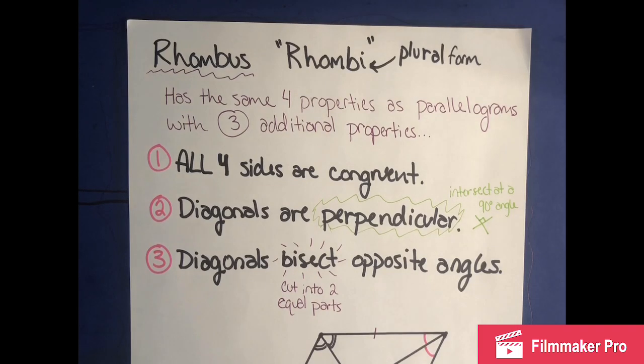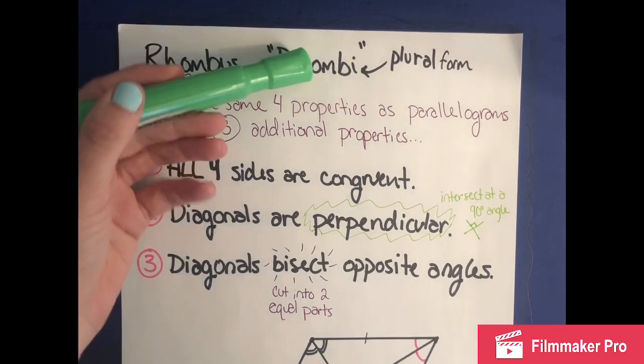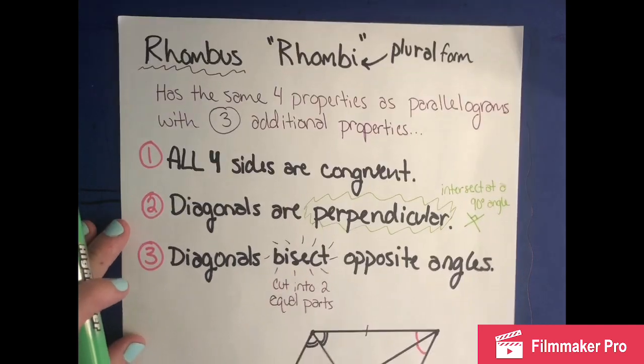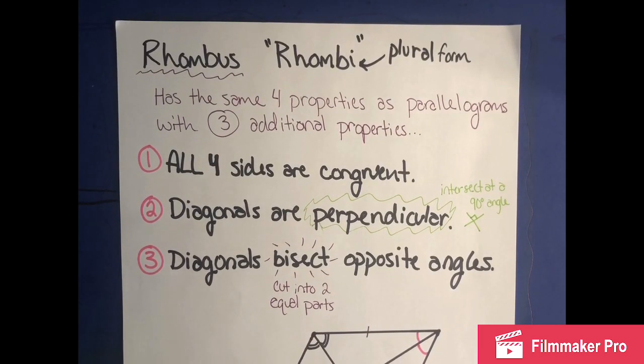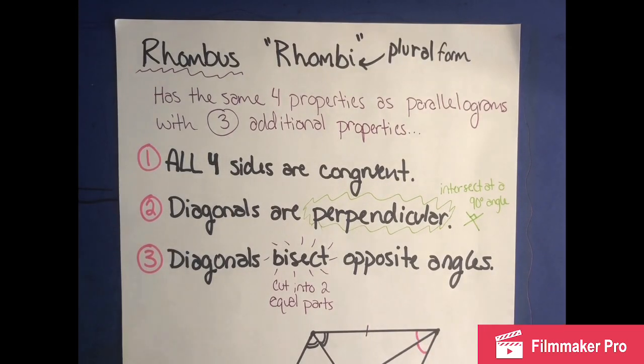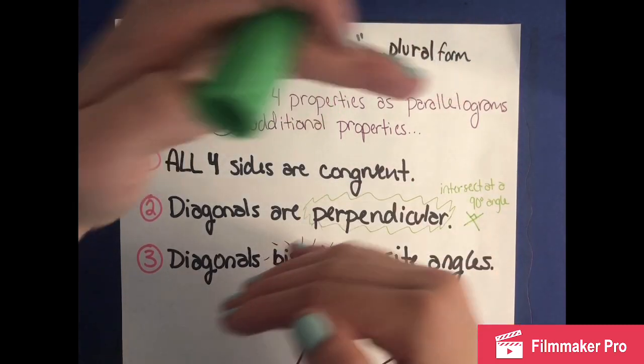Okay? So the real only difference that makes something a rhombus versus a parallelogram is that in a parallelogram, the opposite sides have to be congruent to each other, whereas in the rhombus, all four sides are the exact same length.